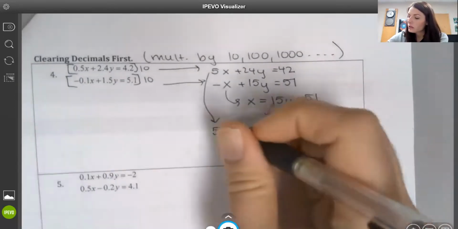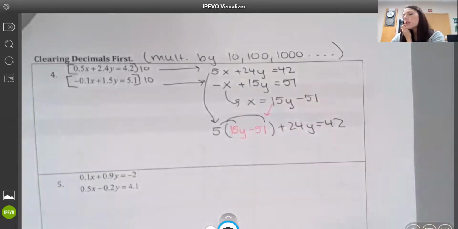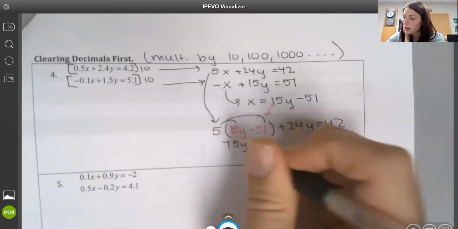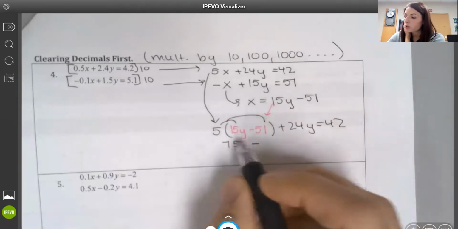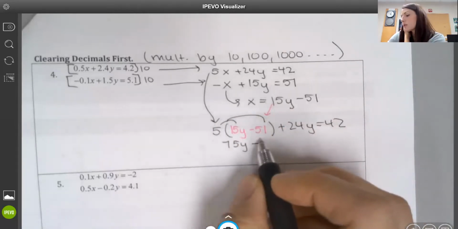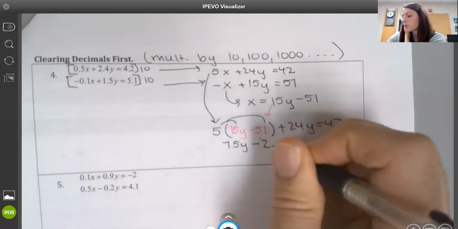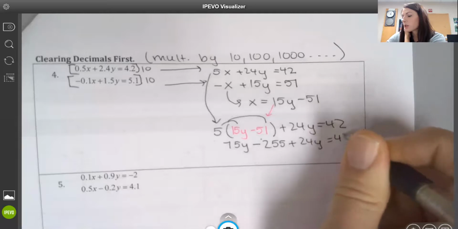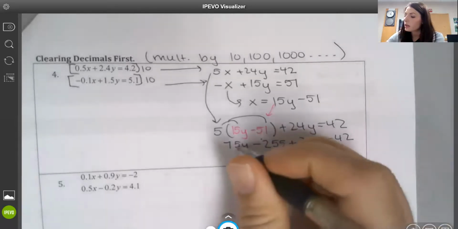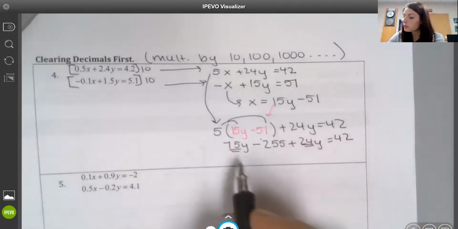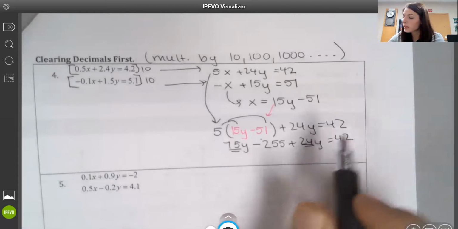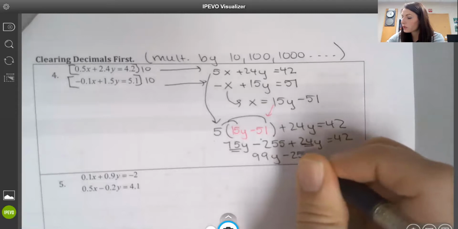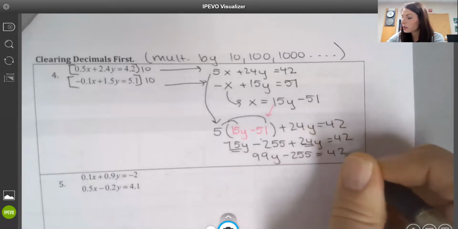Okay, so now distributing through, so let's see, that's going to give me 75y, subtract 255 plus 24y equals 42. Combining like terms, this is going to give me 99y minus 255 equals 42.